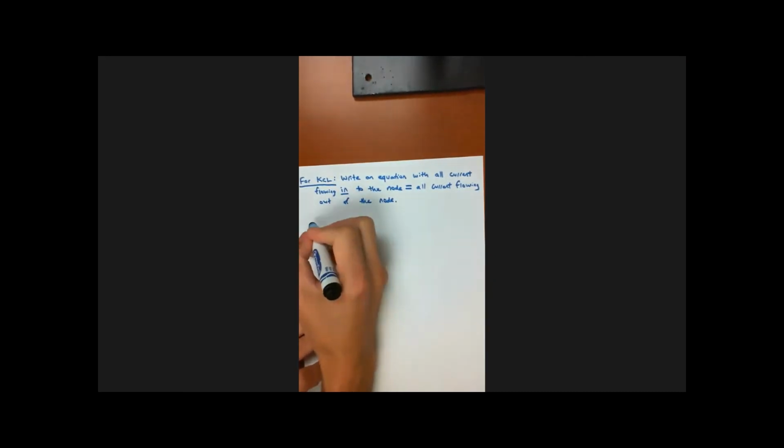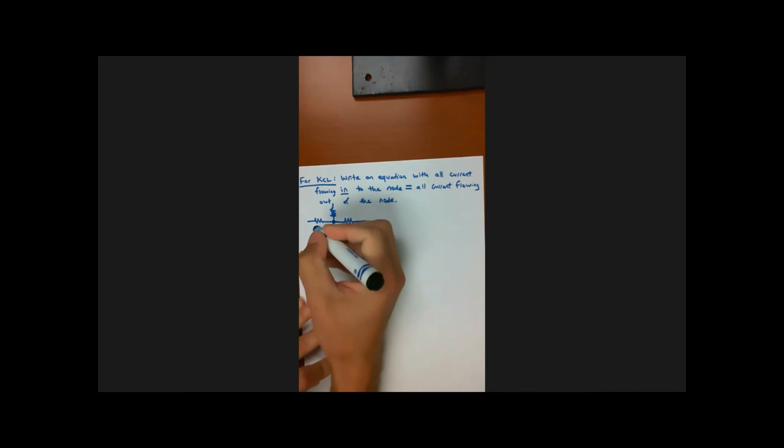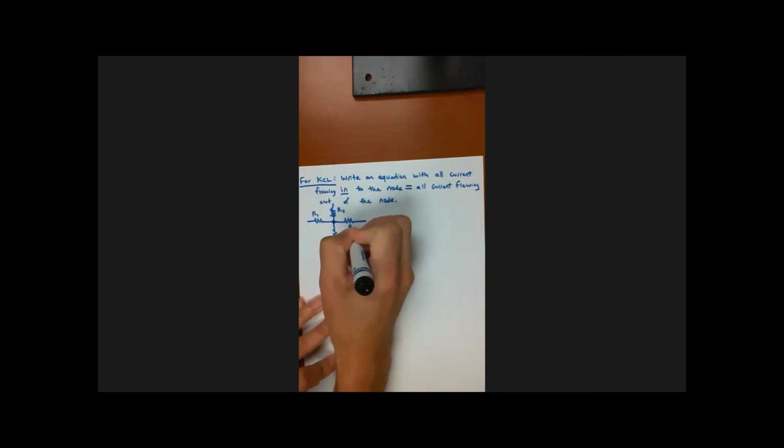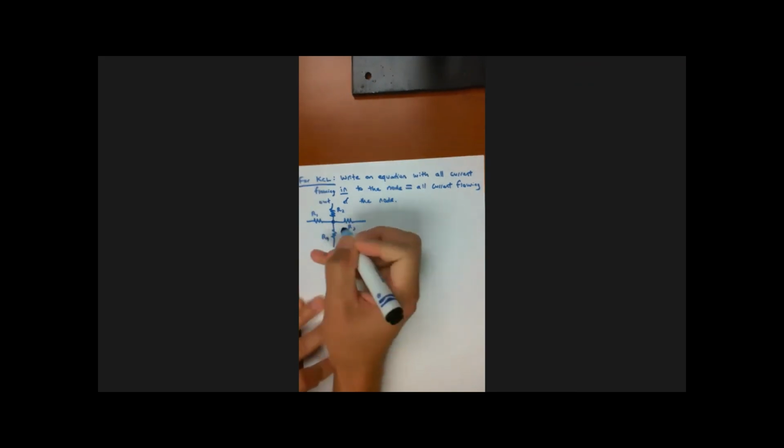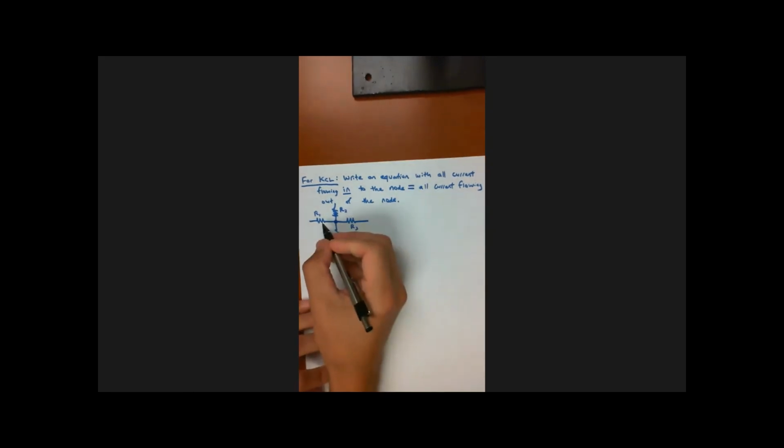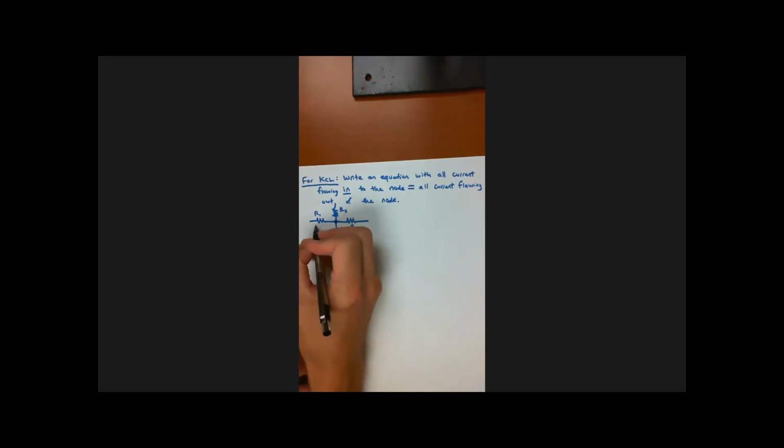So let's say I had R1, R2, R3, R4, and in step 2 here, remember I had to assume my current directions. Let's say at that point we just made guesses, and that's fine.